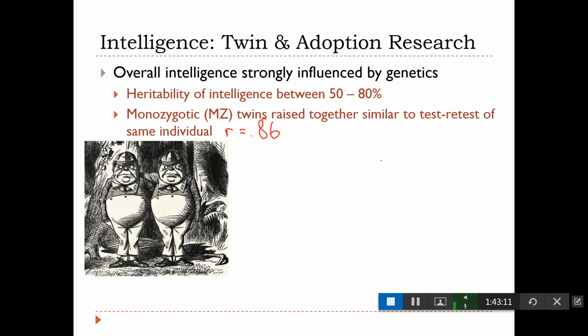And people who are adopted have a correlation of 0.19. In other words, your adopted parents and your correlation between them and your intelligence is 0.19, right? So numbers closer to 1 means it's stronger, meaning it's probably something going on with genetics that's really driving our intelligence performance.